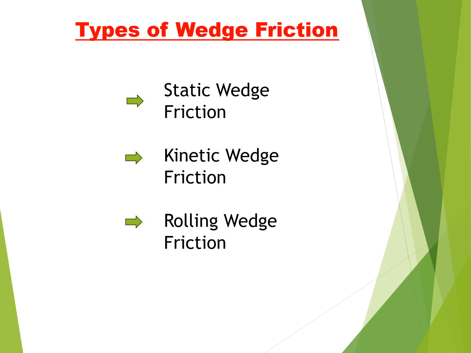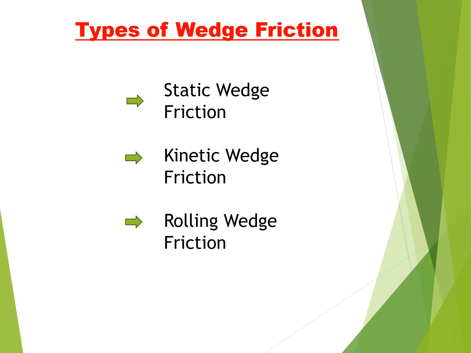Types of wedge friction. Static wedge friction. This occurs when the wedge is stationary and friction prevents it from moving. The characteristics of the static wedge friction are as follows. The applied force P is less than the frictional resistance.